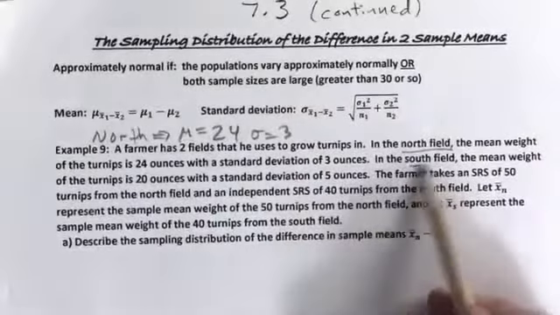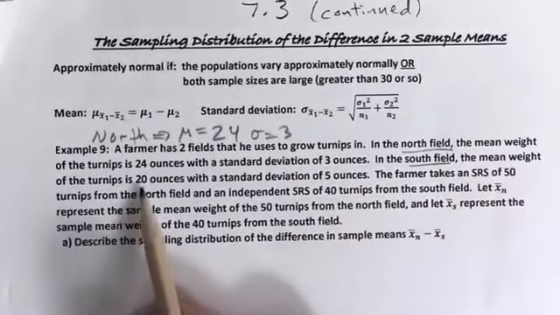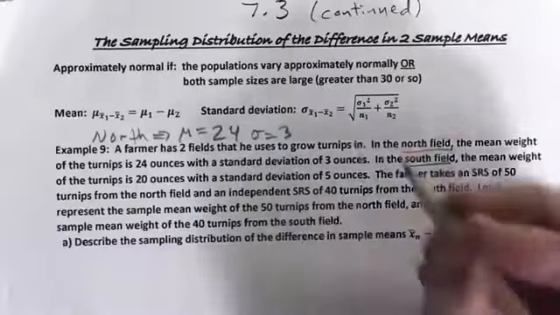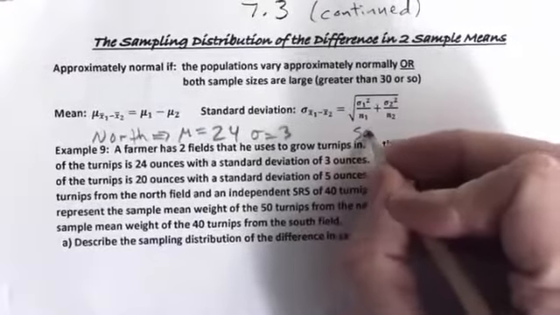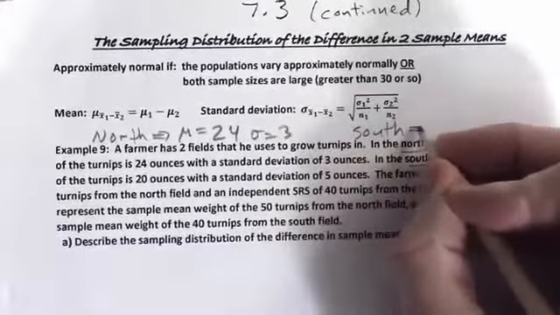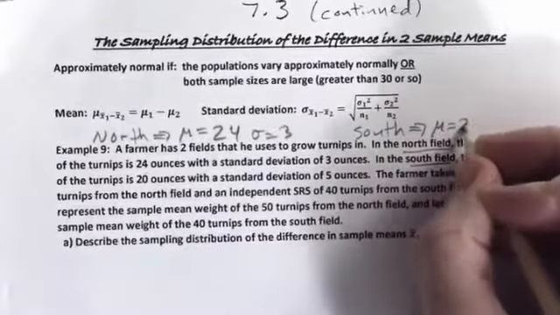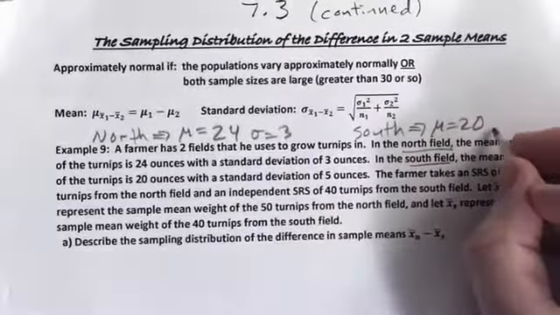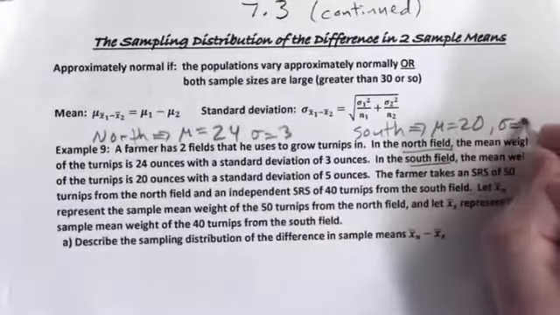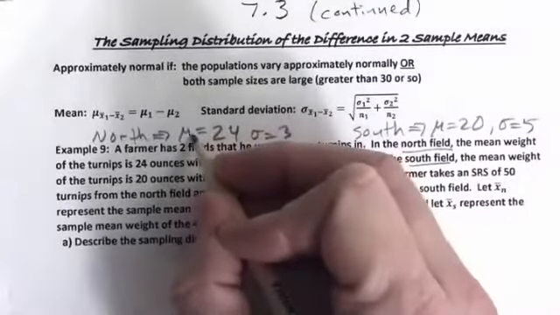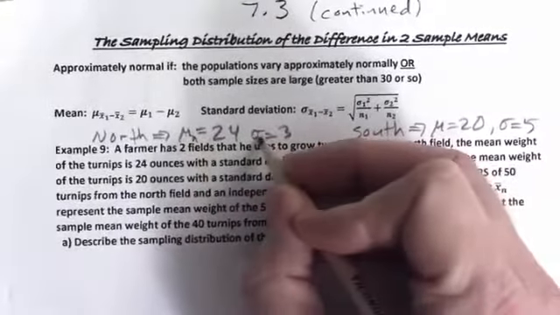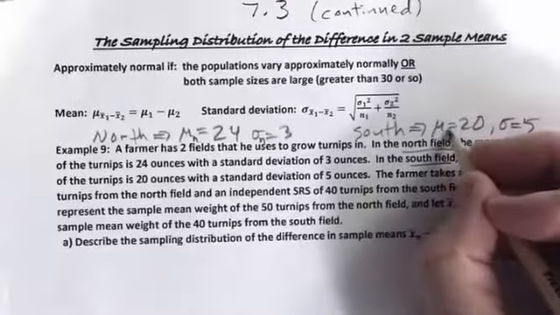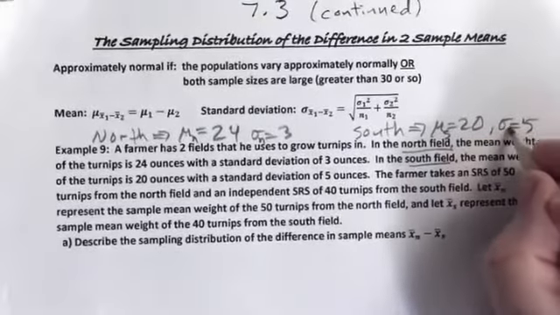In the south field, the mean weight of the turnips is 20 ounces with a standard deviation of 5. So our sigma is 5. I'll call these mu sub n and sigma sub n for the north, and mu sub s and sigma sub s for the south.